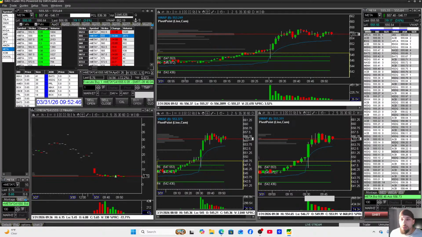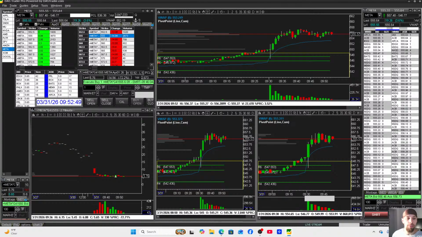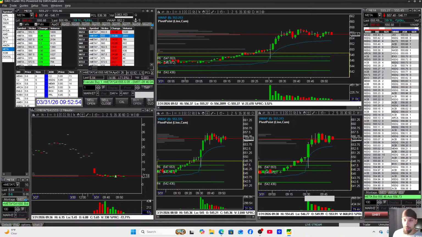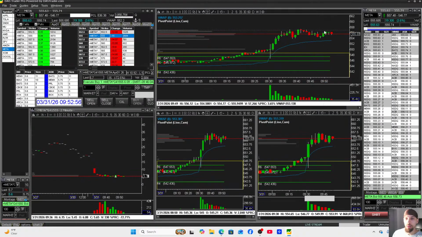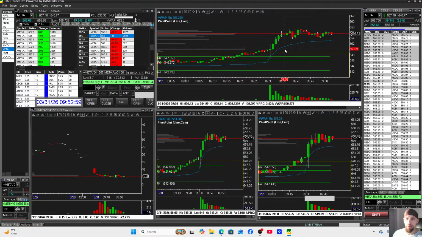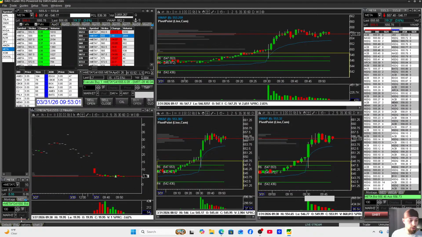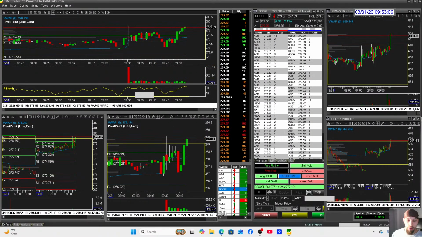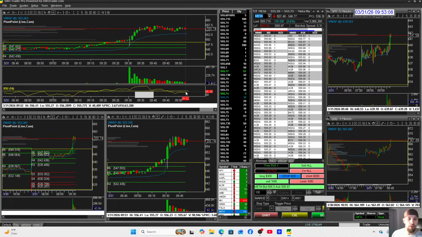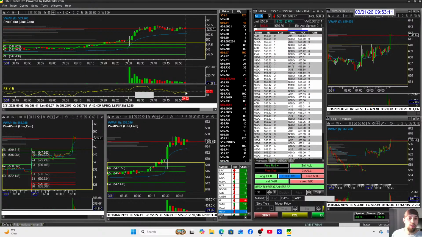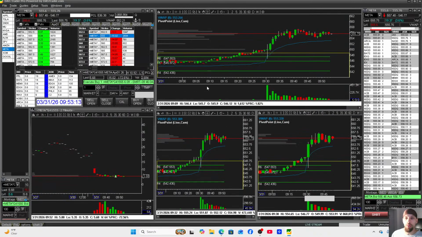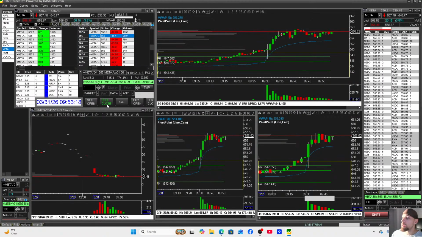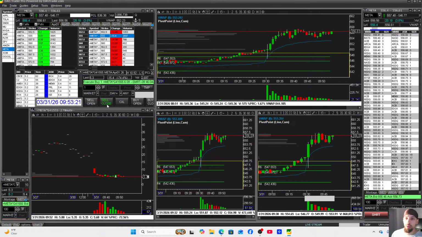The ladder looks slightly more bullish and bearish here on Meta. The longer we stay in this sideways, the worse off it is for me. If we go to Meta here, see we're not considered overbought now. We're below the RSI, which means buyers will step in here, which is not what I like.